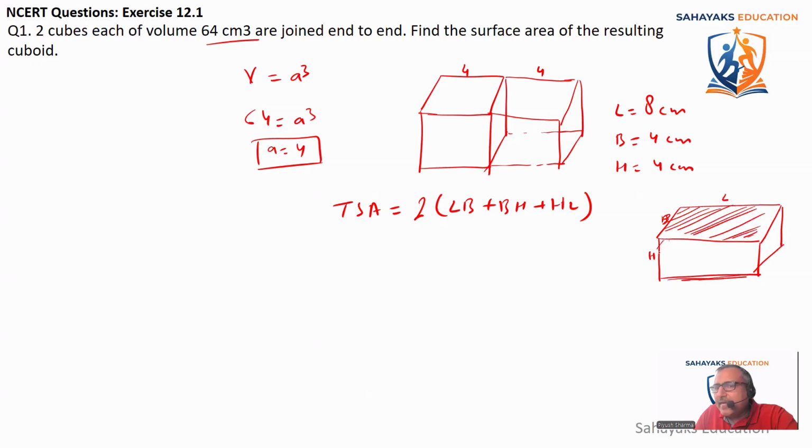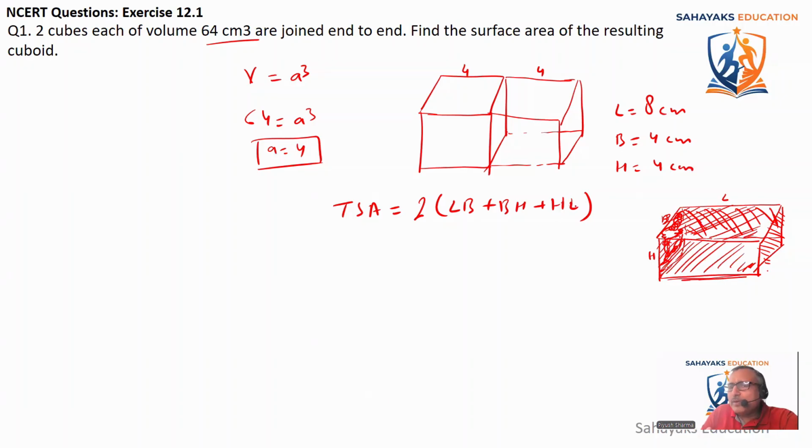Then this is height into length, and similarly the other side, which is not visible, on the back side, is also height into length. Similarly, this side is breadth into height, and this side, which is not visible, is also breadth into height. If we add that, it becomes 2 times LB plus BH plus HL.